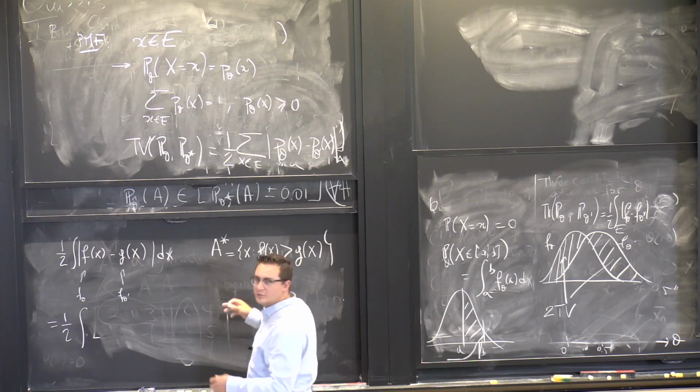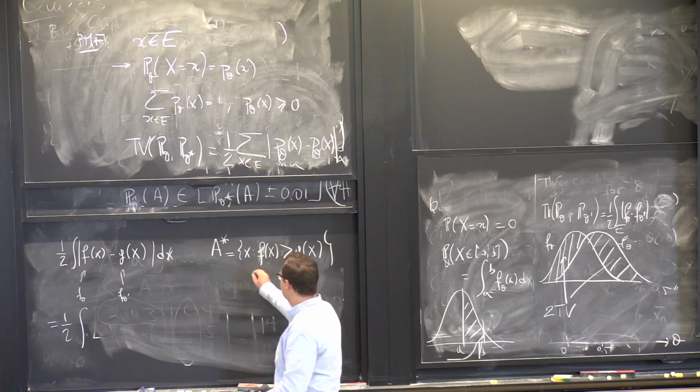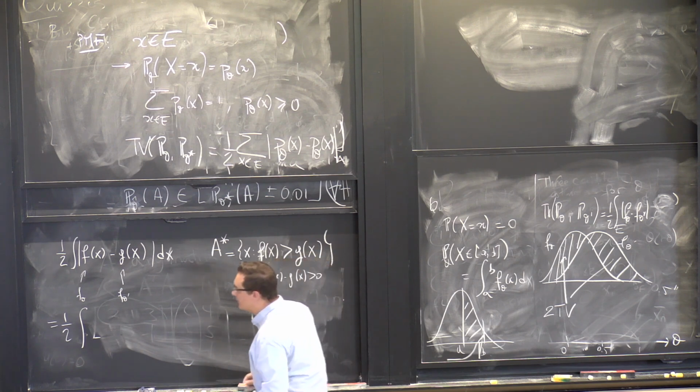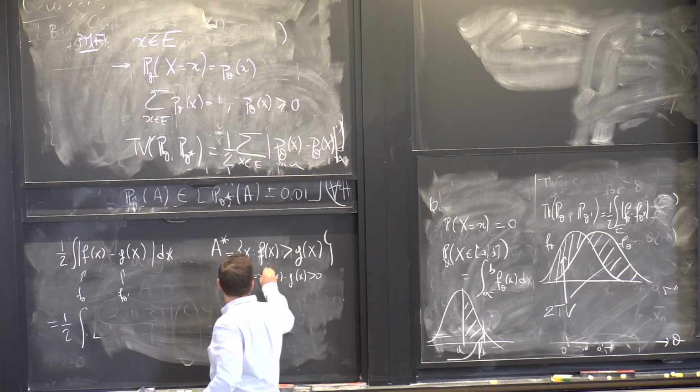OK, so that's the set on which the difference is going to be positive or the difference is going to be negative, right? So this, again, is equivalent to f of x minus g of x is positive. All right? OK, everybody agrees? So this is the set I'm interested in.